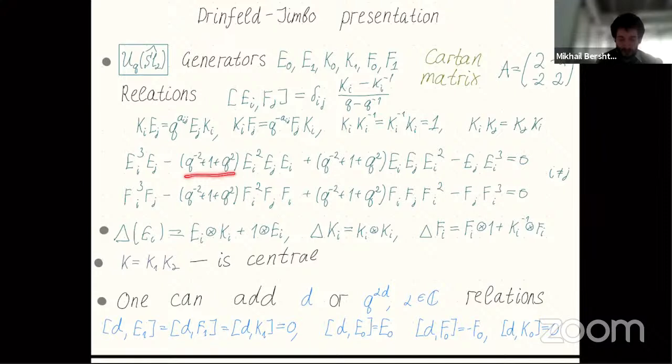These numbers are quantum numbers, the q-deformed number 3, and maybe this is all. We have a symmetry which permutes i and j, so I wrote one relation, with i not equal to j.